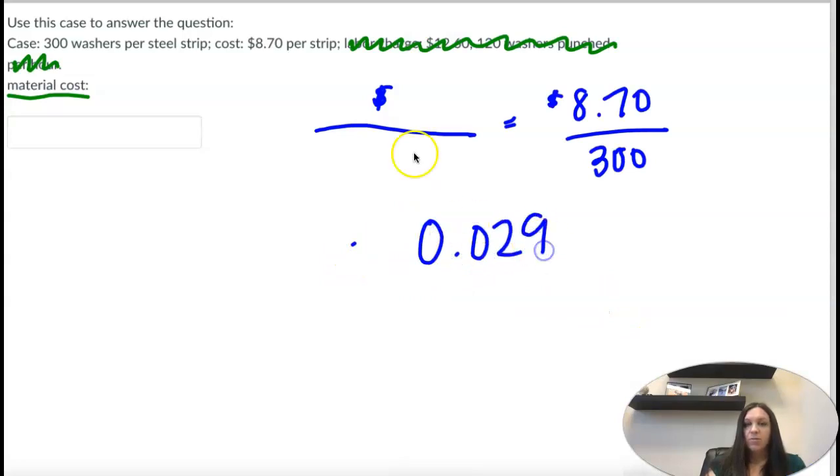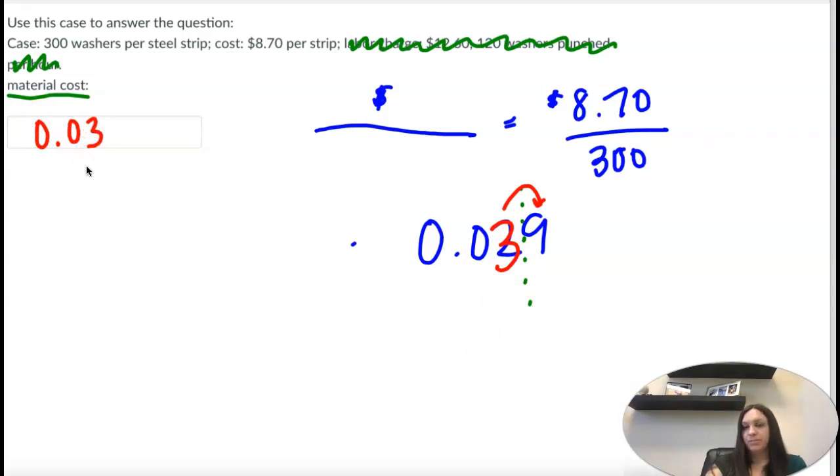Whenever we talk about money, we round to the nearest cent. That's two numbers after the decimal. That's greater than 5, so this 2 changes to a 3. So the material cost is 3 cents per washer.